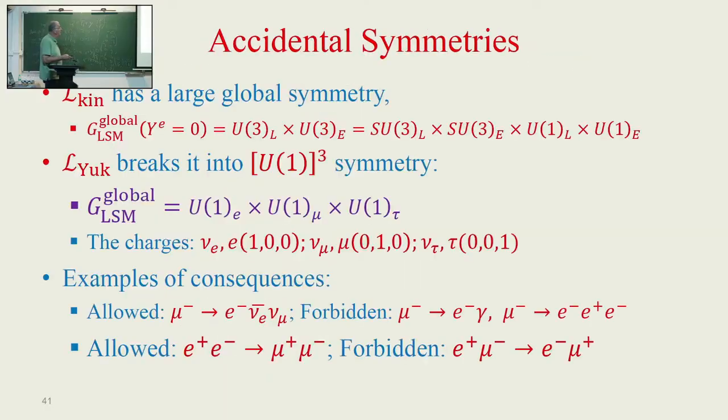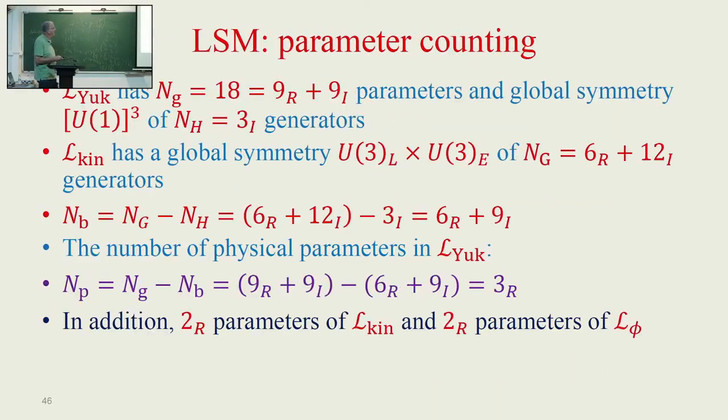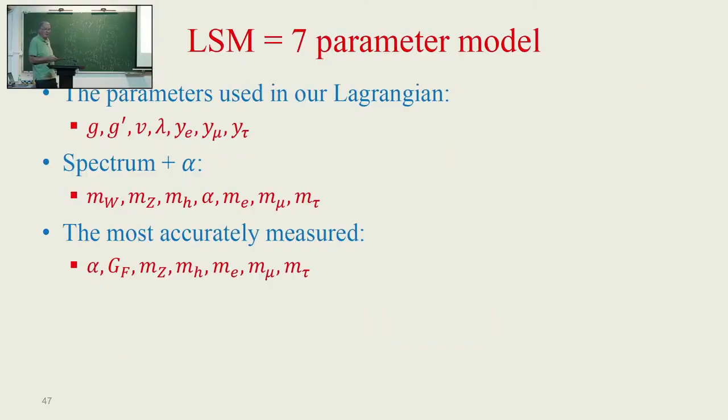And we identified the accidental symmetry of the model and the number of parameters, 7, and presented various ways of choosing these 7 independent parameters.